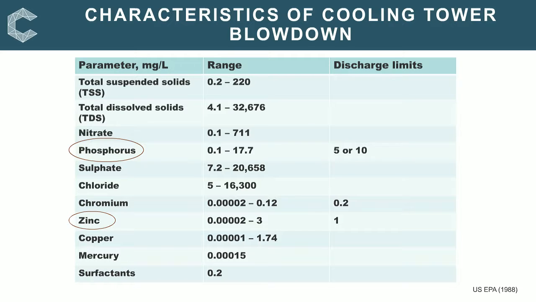I've included these limits in the column on the right. Of course, some of the constituents classified as priority pollutants, such as copper and mercury, which were specified in the USA, may need to be removed since they don't allow any detectable amounts for these contaminants.